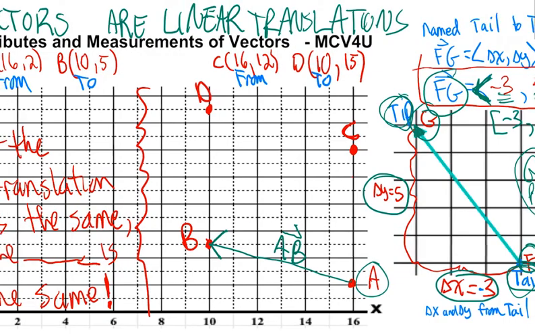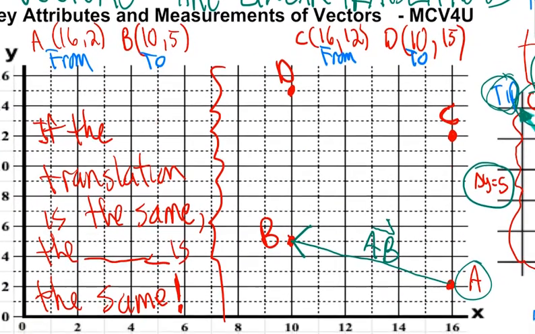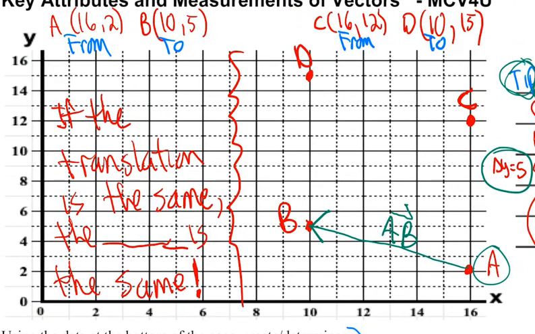So I'm going from C to D. Let's draw in our vector from C to D. Remember that that is the tail, and this is the tip of the vector, and we would call this vector CD. It starts at C, ends at D.